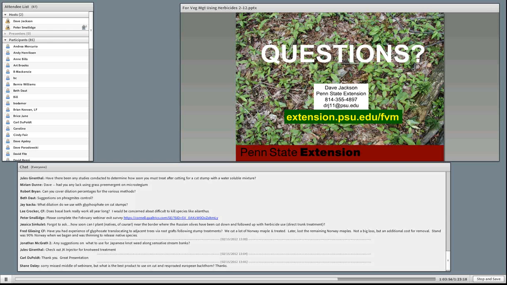So Dave, I did some work with beech and cut stump treatments working in stands where the average beech diameter was over, I'll say, 8 or 10 inches. And when we cut all of the beech larger than 6 inches in diameter and used glyphosate at 25% active ingredient, we would control up to 90% of the beech suckers on those treated plots from the cut stump treatments.